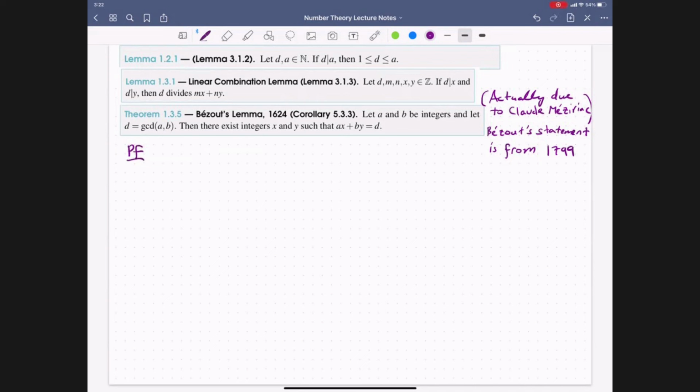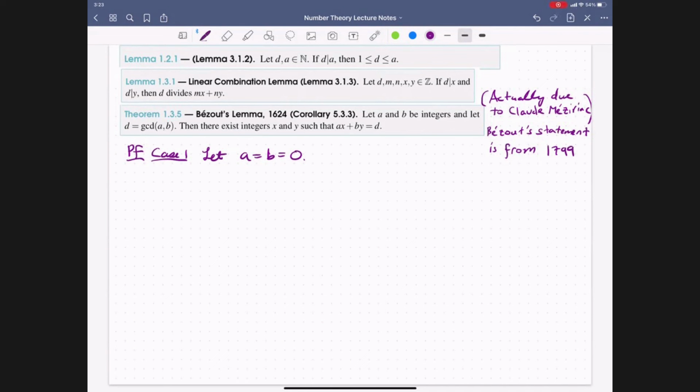So first off, a little comment: a and b are both integers, so I'm going to break this into two cases. Case 1: let a and b both equal 0. Now, when we defined the GCD, we took it to be defined for one of the numbers being non-zero. Here we have two numbers that are 0.